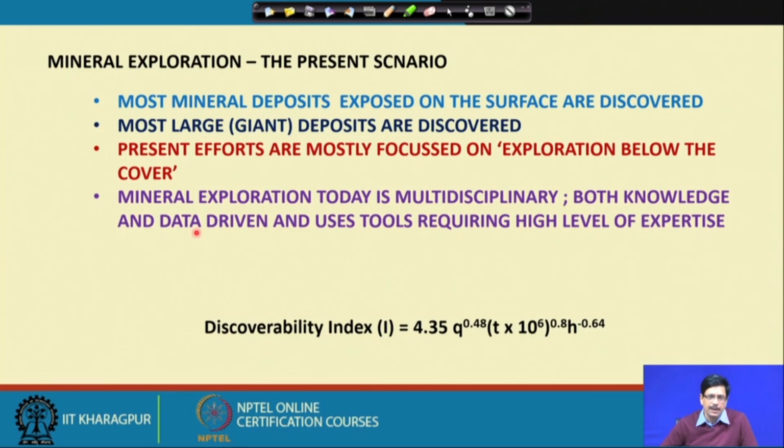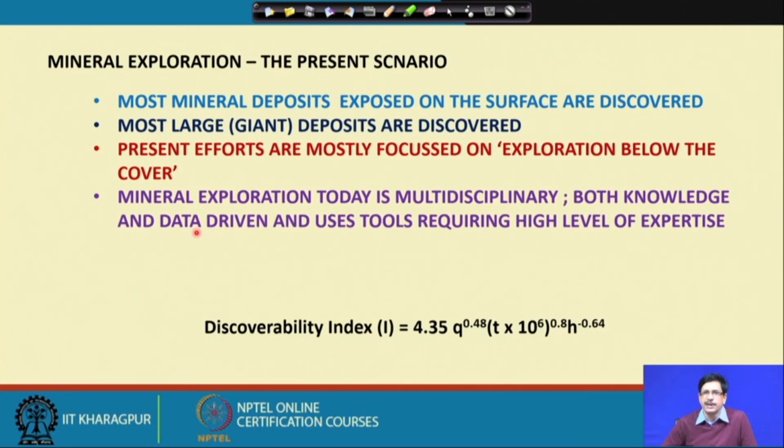There are some data being acquired to be used, so that has given rise to a lot of sophistication in the kind of technology to deal with such data, and mineral exploration at the present day is quite an elaborate, involved, sophisticated exercise involving all sorts of modern methodologies of soft computing.